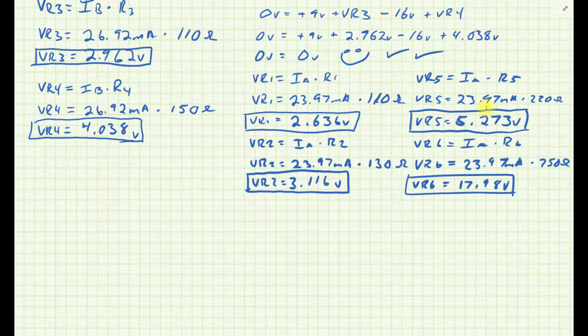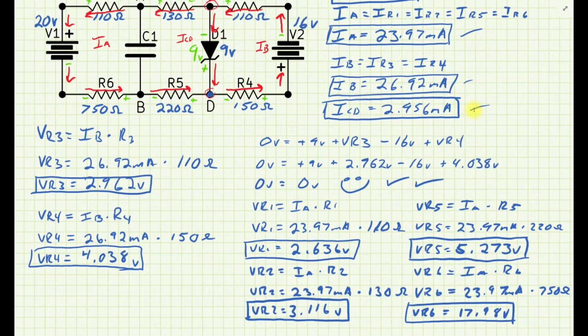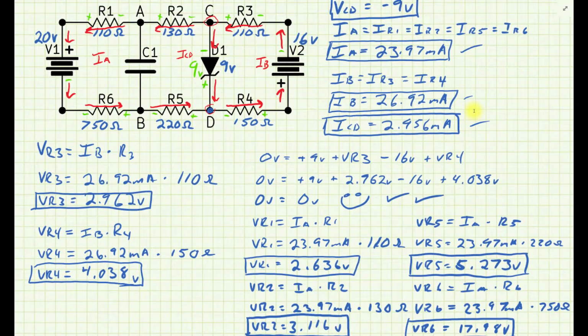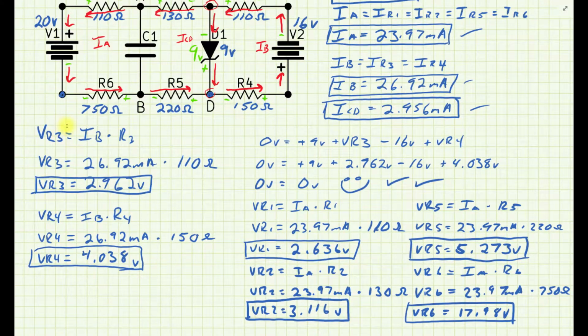So I've got my loop here. I'm going to just verify that same loop that I did for A. So minus 20, and then plus the resistors, minus that 9 volts. Let's see if I can do it. Okay.